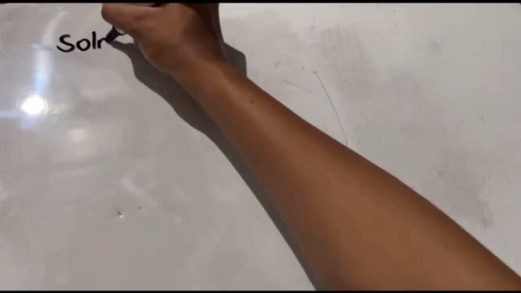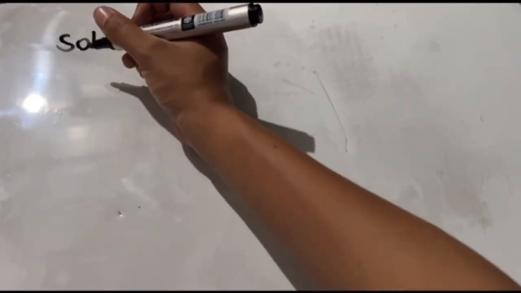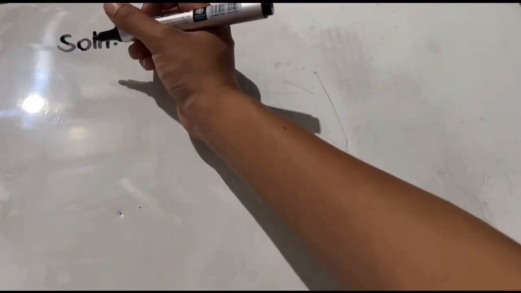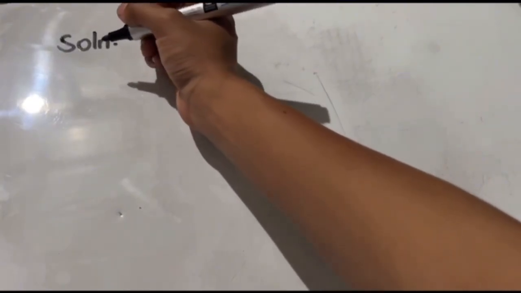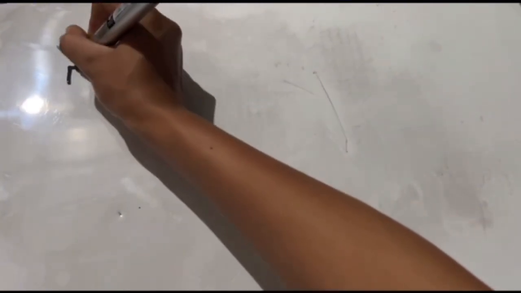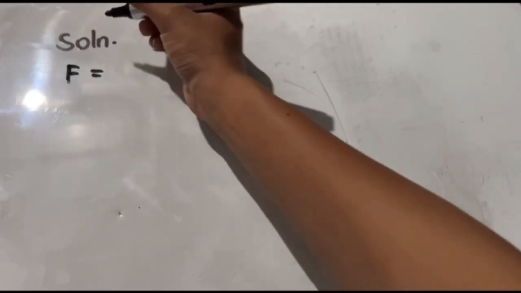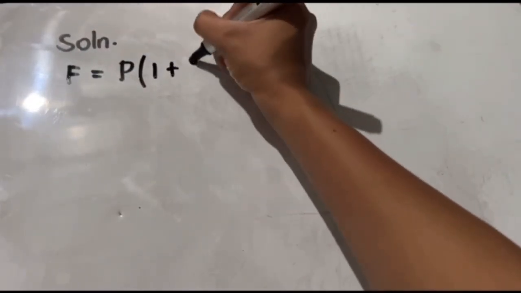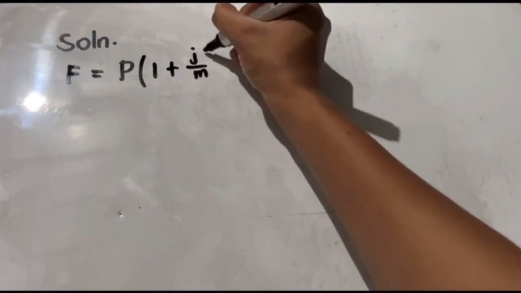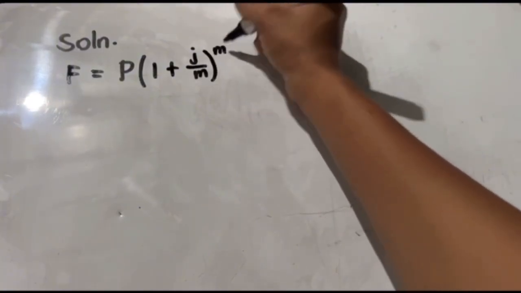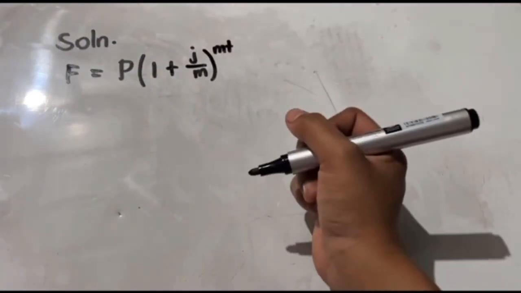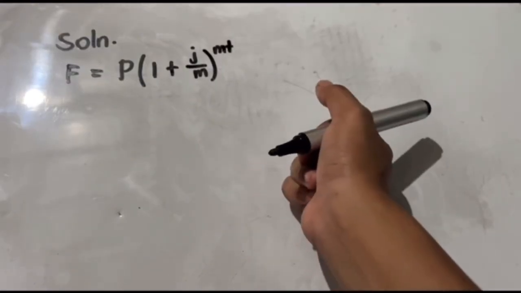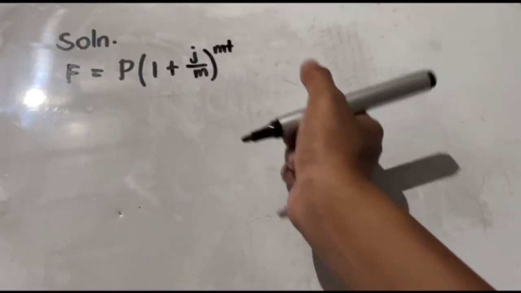For our solution, we will use the compound interest formula. Our compound interest formula is F for future value equals P for principal times (1 plus J divided by M) to the power of MT. Now let us substitute these values into our formula.